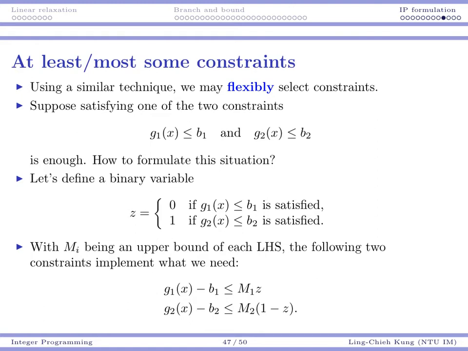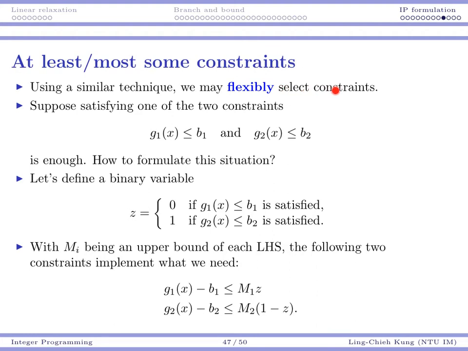For example, with a similar technique, we can flexibly select constraints. Here, we are selecting constraints, not selecting binary variables. Make a clear distinction with the knapsack example we talked about in this course, and what I'm going to do now.